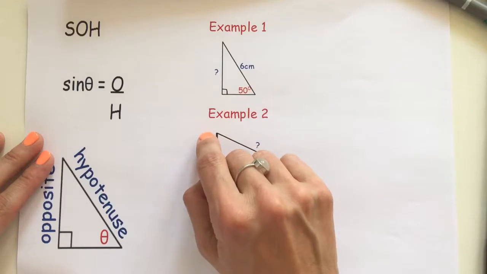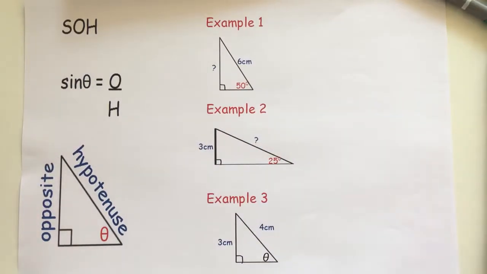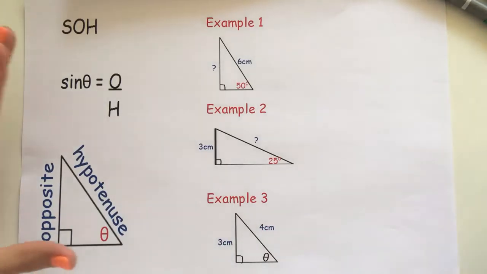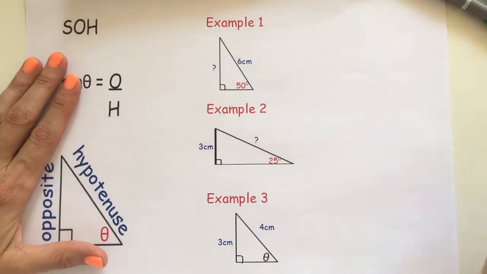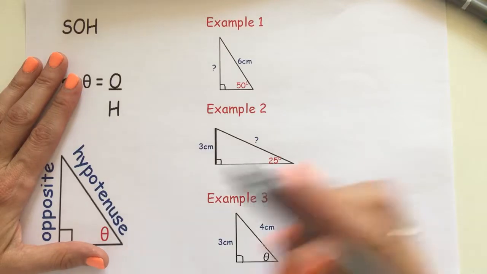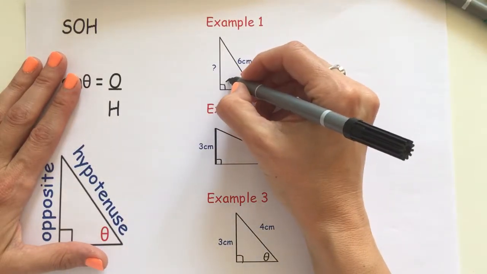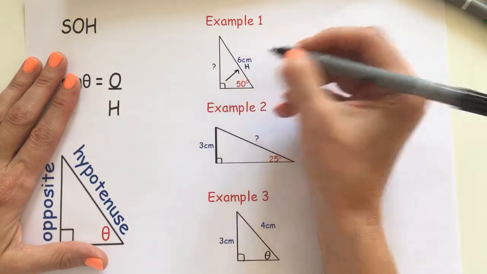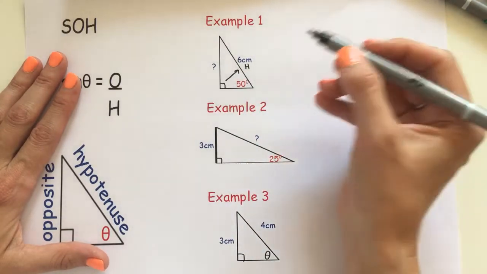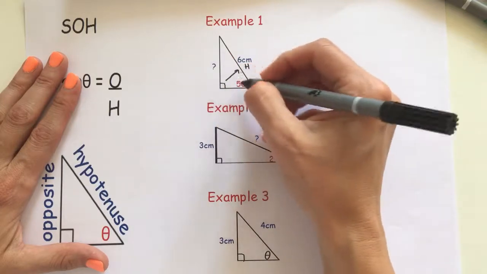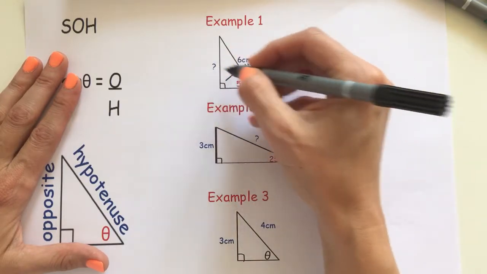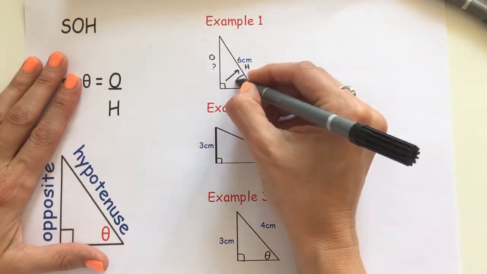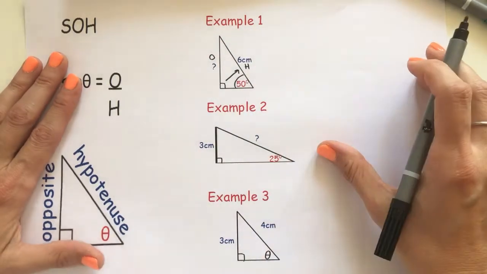So example number one. First thing that I've told you to do when you see a question with a right angle and an angle involved is to label up your diagram. Reference the length opposite the right angle, which we call the hypotenuse. Then the other length involved is opposite the angle involved, so that is O, and then we have theta, which is 50 degrees.